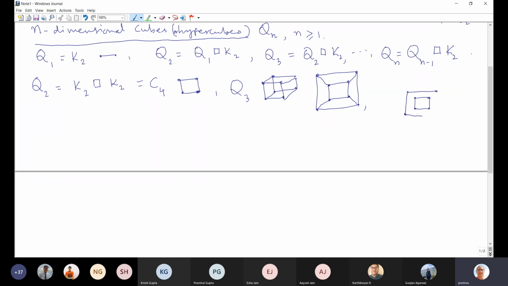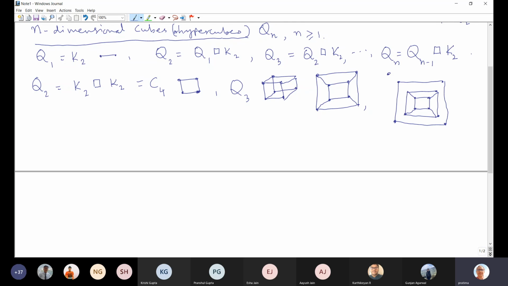So let me draw quickly how it looks. This is one Q3, and the other Q3 I'll put inside this, and then join the corresponding vertices.